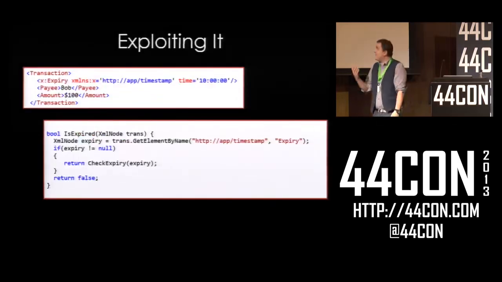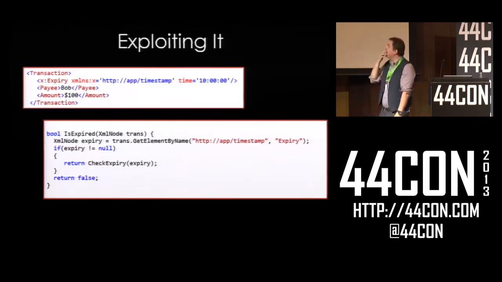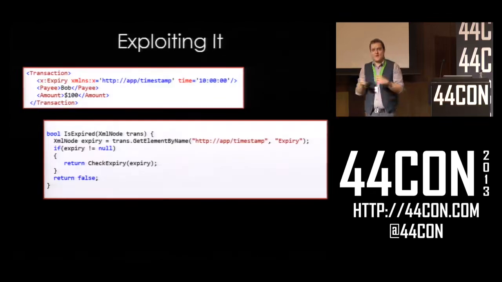Now, to actually exploit that, you need a very, very specific set of circumstances, unfortunately. So I've come up with this naughty example. You have some sort of XML document which you're signing, and it has some sort of expiry element which says when that transaction expires.